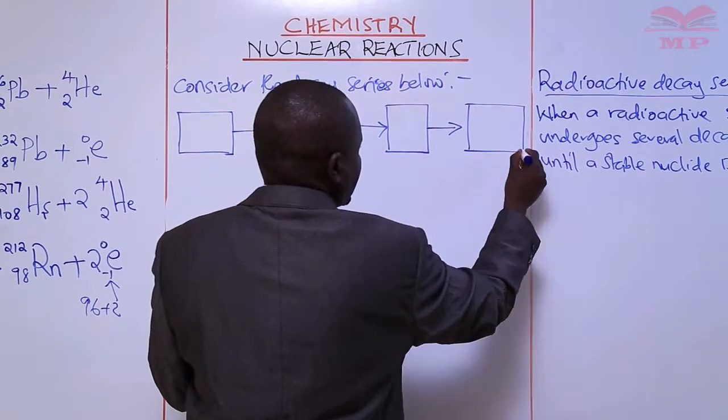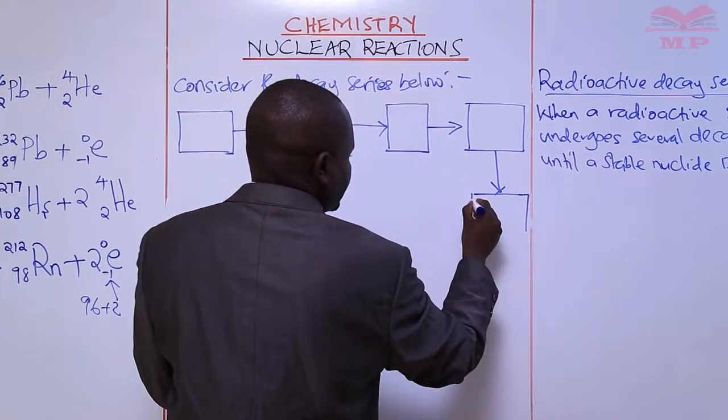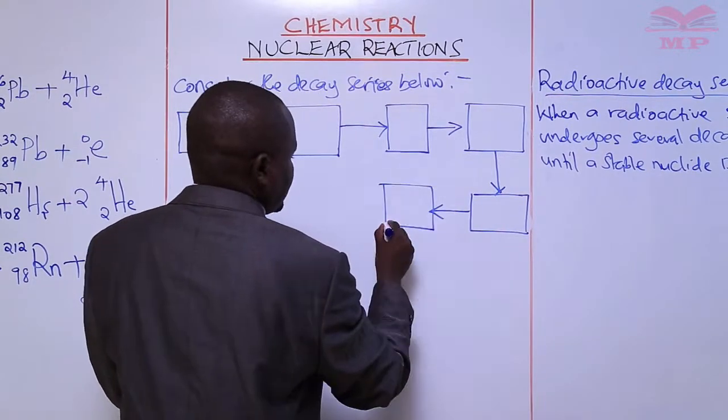So we are saying this one happens until a stable nuclide is obtained. So it is a series. It occurs in several steps.